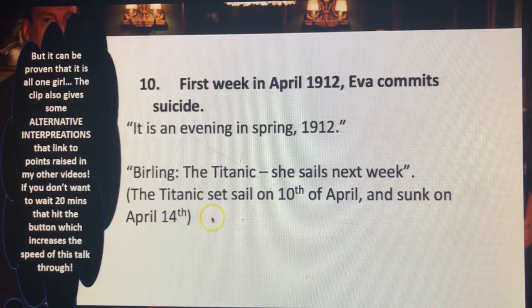And one historical reference that Priestley is determined to use is the idea of the Titanic, which sails next week, and of course he tells us that it's utterly unsinkable. So the Titanic set sail on the 10th of April, and this marks the end, symbolically, of upper-class supremacy.